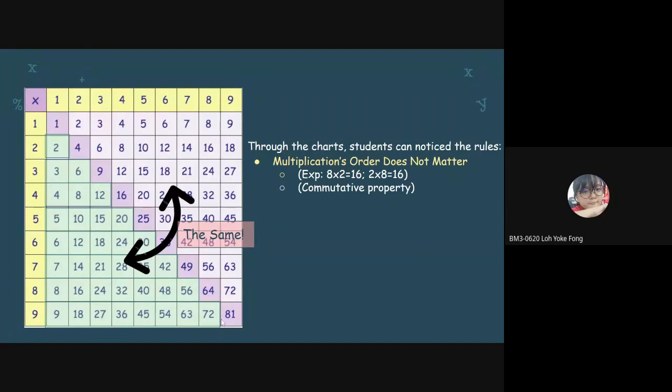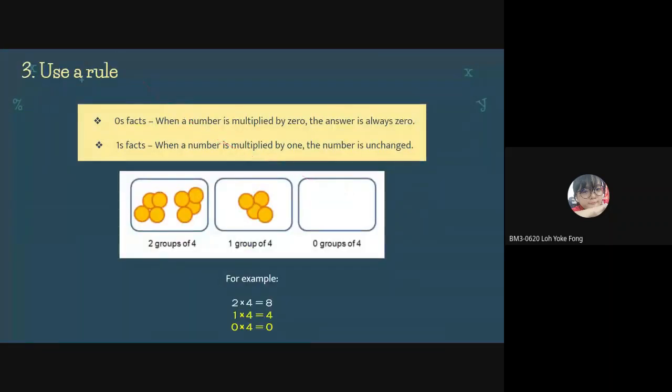That means, as you can see, the green side is congruent to the light pink side. Let's say we look at 8 times 2. Then they will see the answer is 16. But when we see 2 times 8, the answer is also 16. This is the commutative property. Then next, I will let Yin continue.